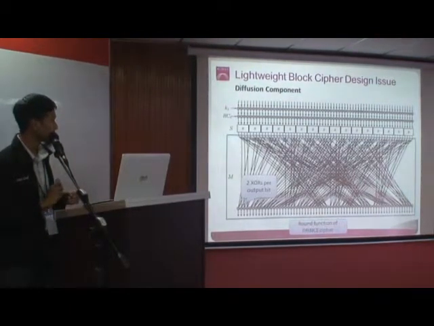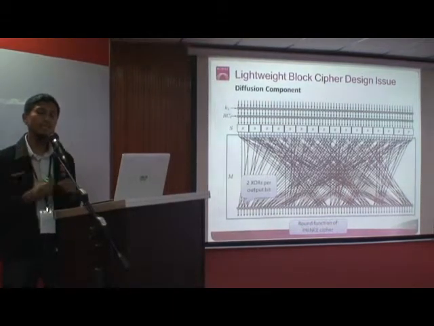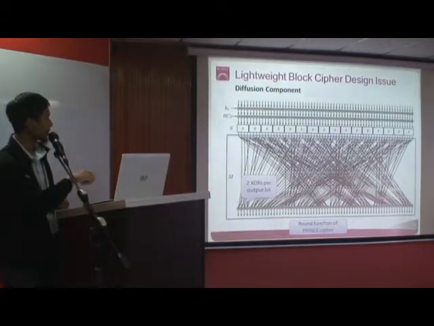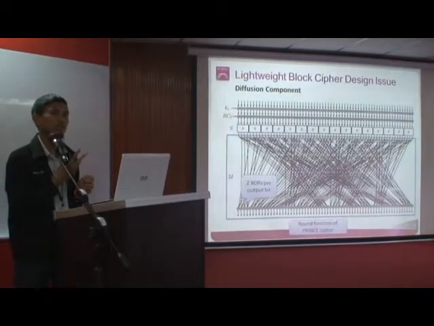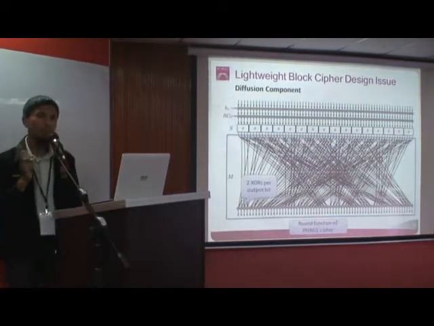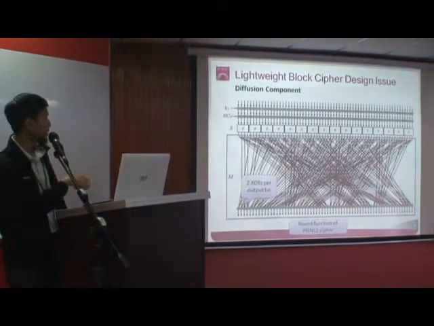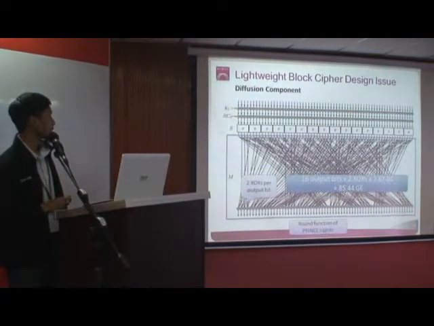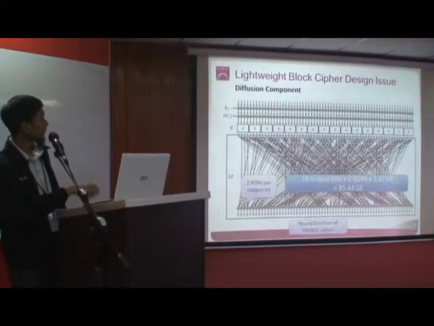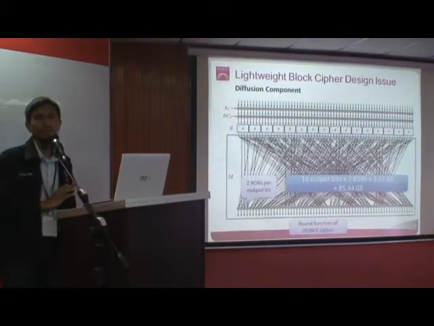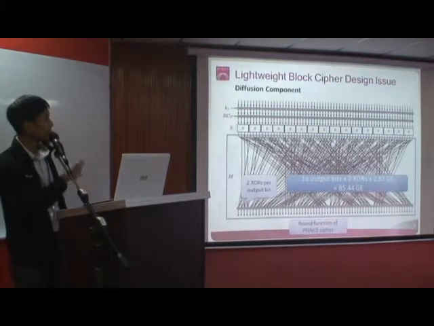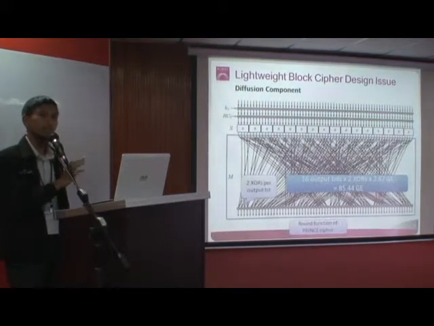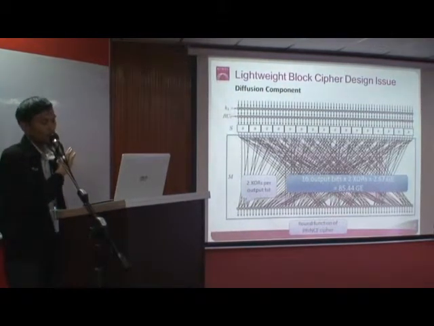At each output, they take 3 different inputs and XOR them together. That causes 2 XOR operations per output bit. So roughly for this part, you occupy about 85 GE, compared to the previous one, which was 0 GE. So here you have 85 GE.